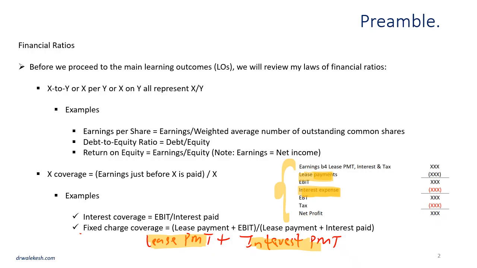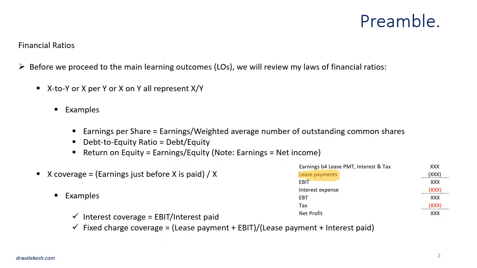Still looking at this income statement, lease payments is being deducted to arrive at EBIT. That implies that if we have to cover the two fixed charges, which are lease payment and interest expense, we can cover it with this, which I could call EBITL. That is earnings before interest, tax, and lease payment.